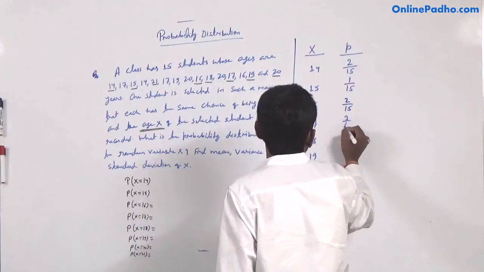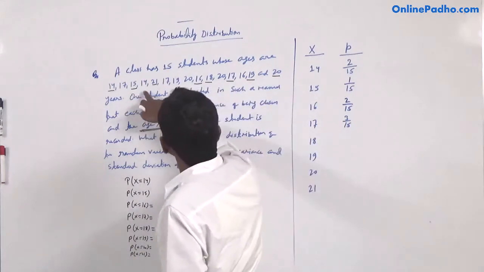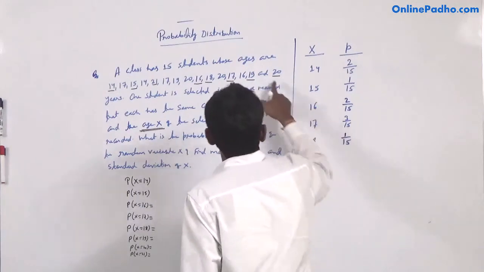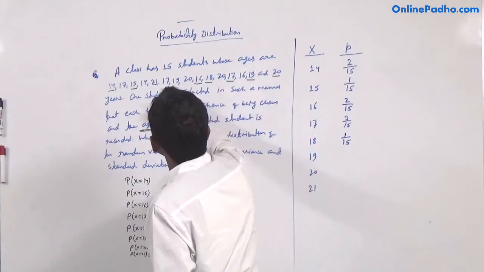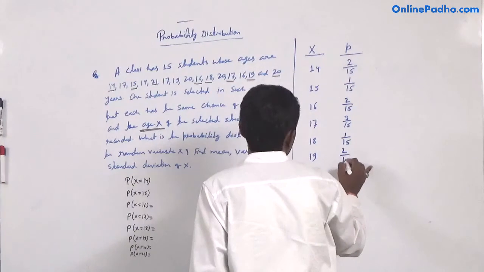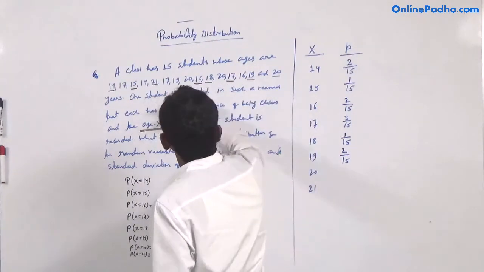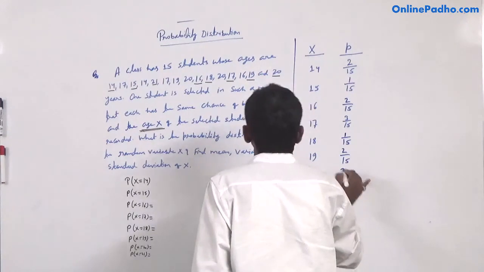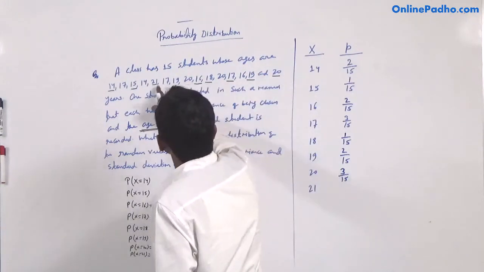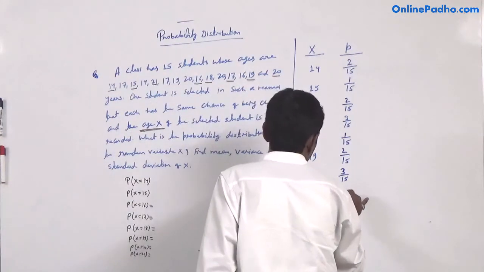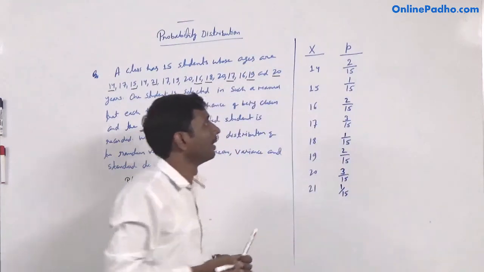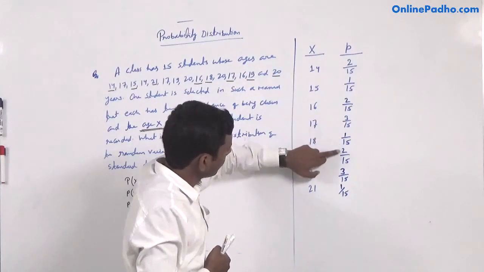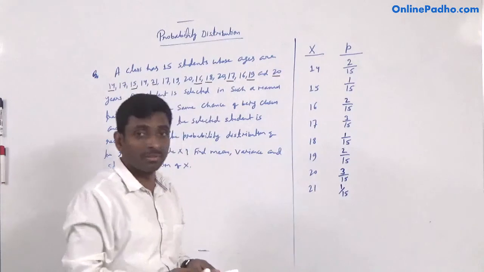It will be 3 by 15. What about 18? 1 only. 19: 1, 2, 2 by 15. 20: 3 by 15, and 21: 1 by 15. And their sum must be 1. So numerator will be 2 plus 1 is 3, 5, 8, 9, 11, 14, 15. Yes, this will be 1.